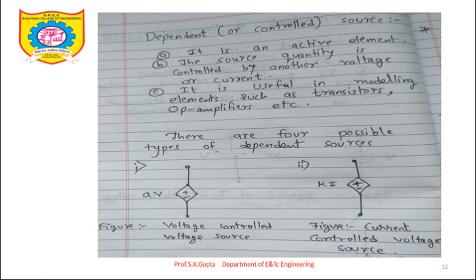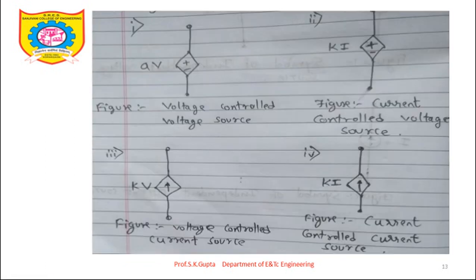Now there are four types of dependent sources. First of all, a diamond means it is a dependent source. Inside the diamond, if plus minus is written, that means it is a voltage source.